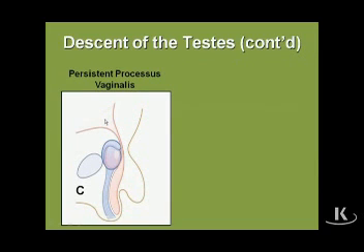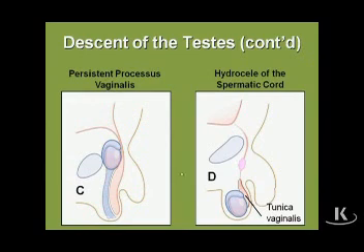A variation on this theme that can also happen is that when the processus vaginalis fuses, it fuses incompletely. So we can have something like this, where this part fuses as it should, this part fuses as it should, this most distal part is not supposed to fuse, that's what remains as the tunica vaginalis, but perhaps we have a small region here that remains unfused.